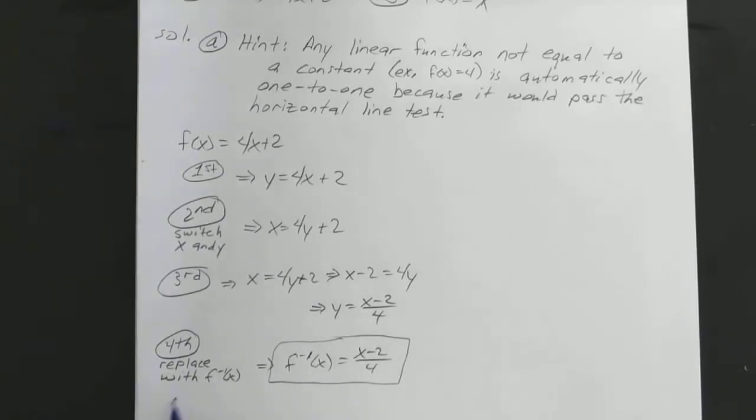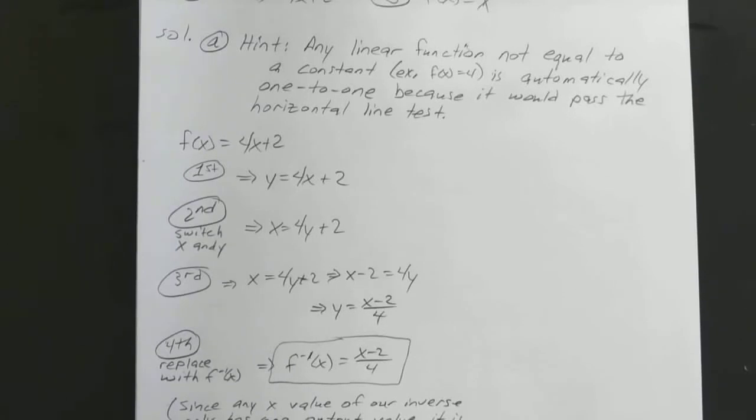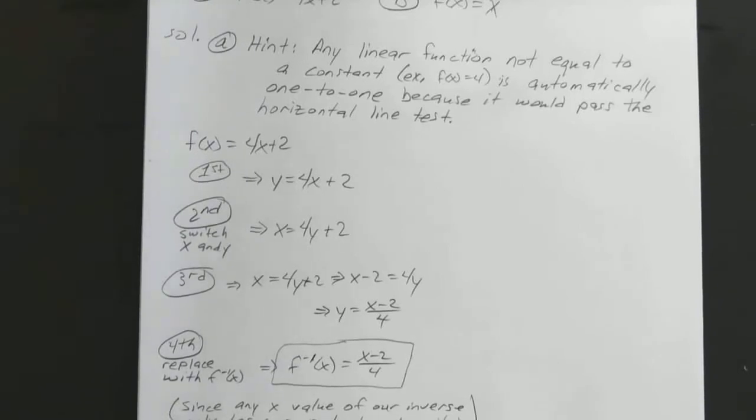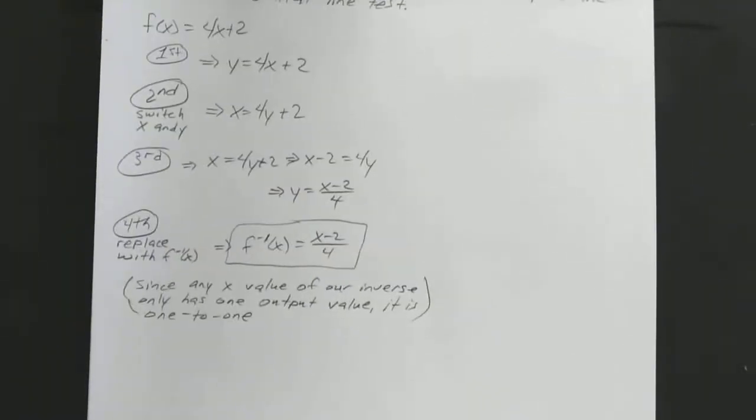Okay, so we can see there that any x value we plug in will give us just one y value. So we know our function is one-to-one. Any x value of our inverse only has one output value. It is one-to-one.